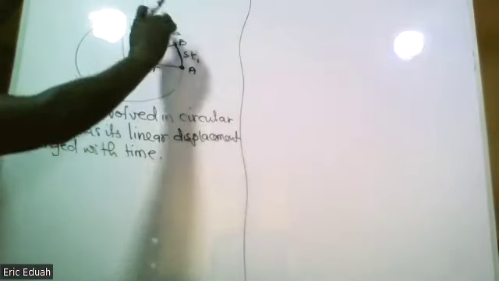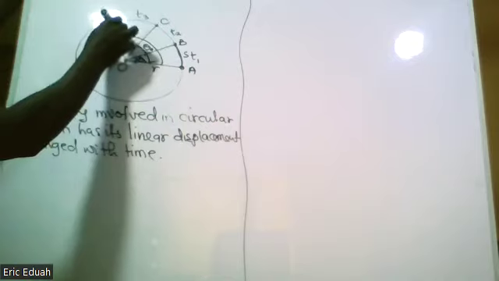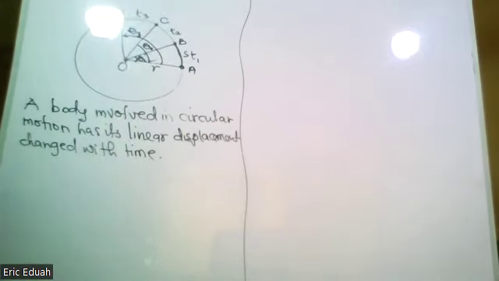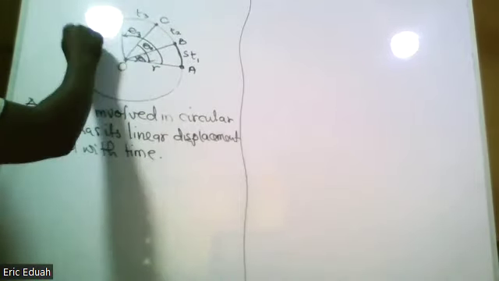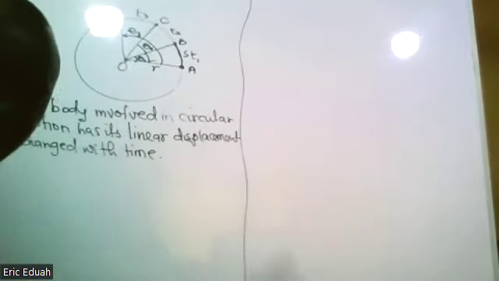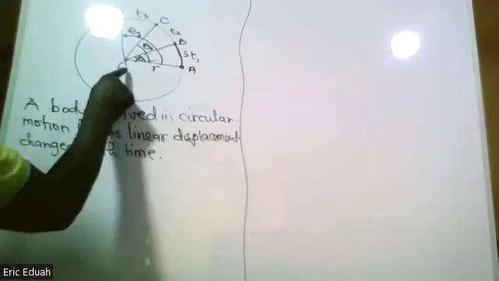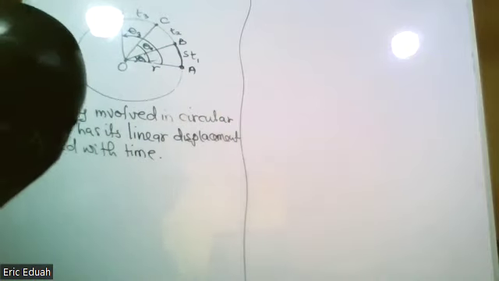Within this whole time, from A to D, theta 3. So, as the body continues in circular motion, its linear displacement, or position within the circle, changes with time. In the same instant, its angular displacement at the center also changes with time.